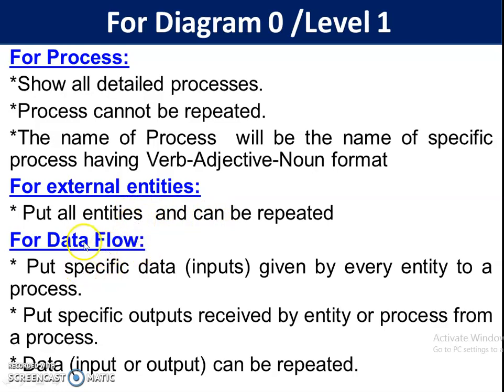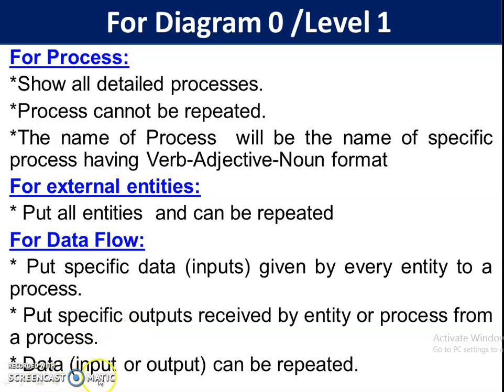And then for the data flow, put specific data or inputs given by every entity to a process, or put specific outputs received by the external entity or process from a process, or you can have the data saved to the data store, or you can retrieve some information from the data store.